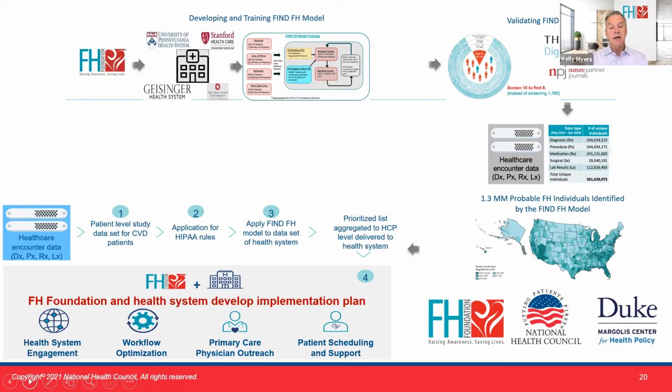And then the FH Foundation partners with the institution on a reach out first to the impacted individual's primary care physician, and then most institutions that we're partnering with are triaging these individuals to a preventative cardiology clinic for their further evaluation, whether it be a clinical workup or genetic testing.